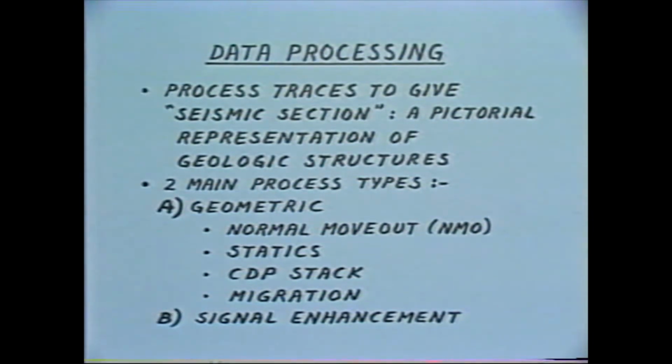Now, in order to understand how these processes correct for the geometry of the recording system, we first of all have to look at the typical methods that are used in collecting the seismic data.